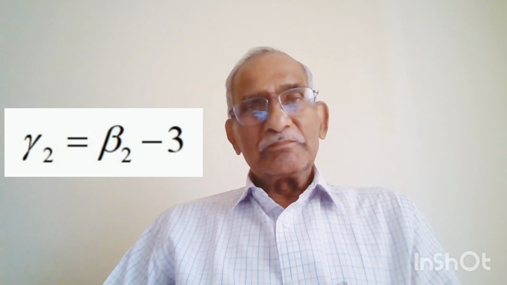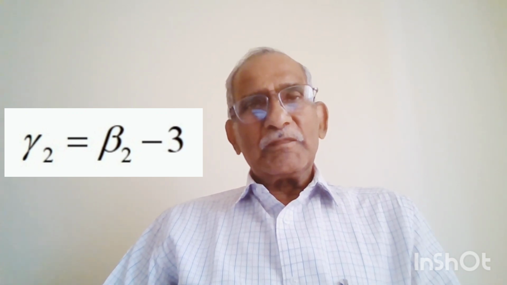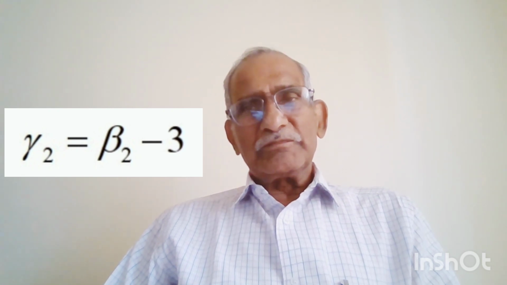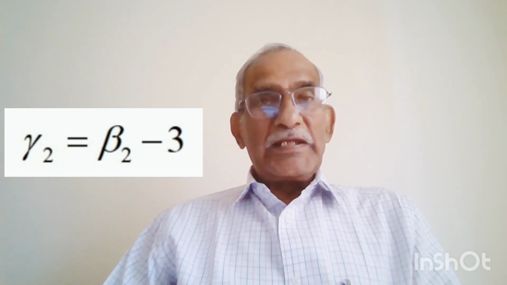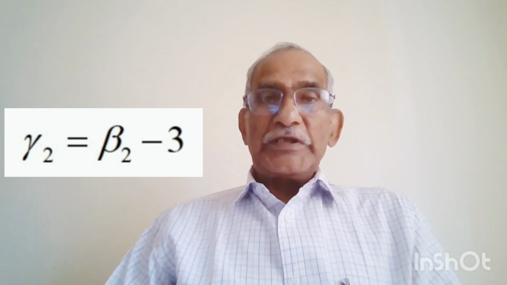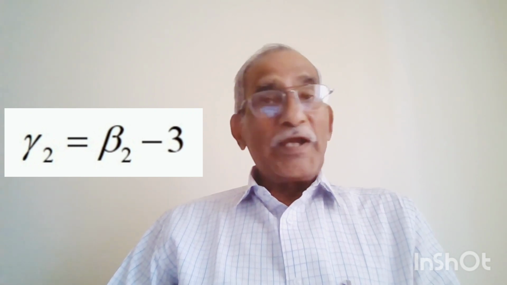Again, for measuring kurtosis, instead of beta 2, we generally use gamma 2 coefficient, which is defined as gamma 2 equal to beta 2 minus 3. Why so? The reason is obvious.